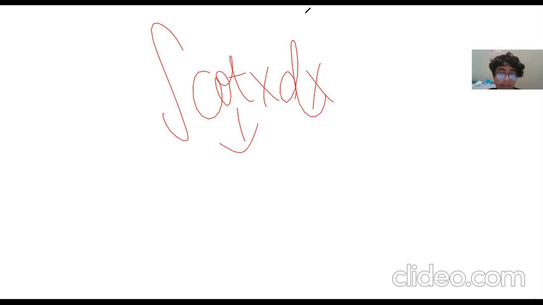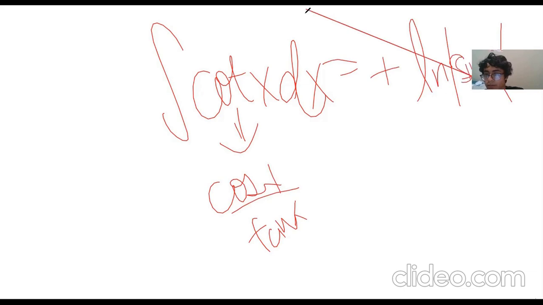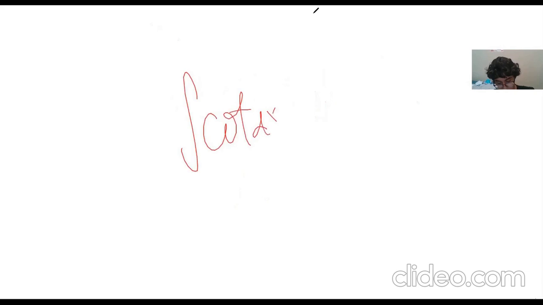I remember, again, cosine of x over sine of x is this thing. So the positive goes on the outside, then it's a natural log, then it's what's on the inside. Cool. That's the antiderivative of that.